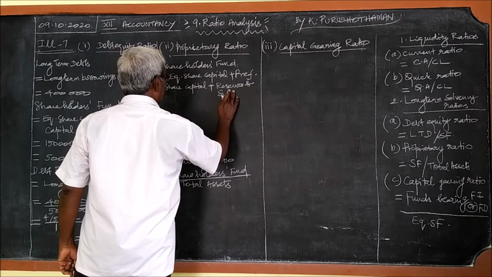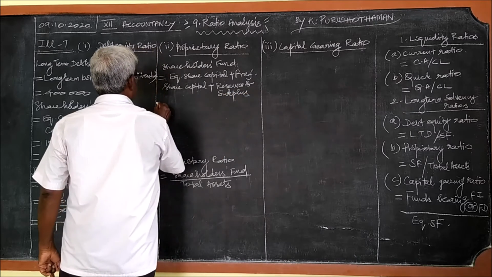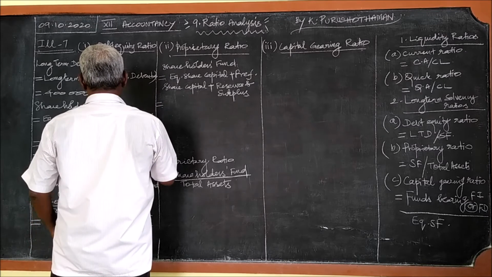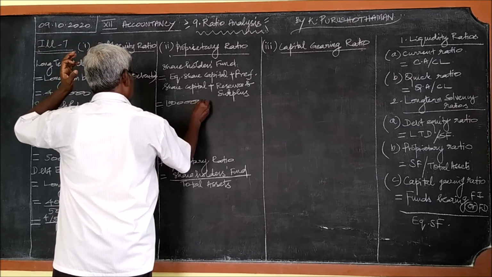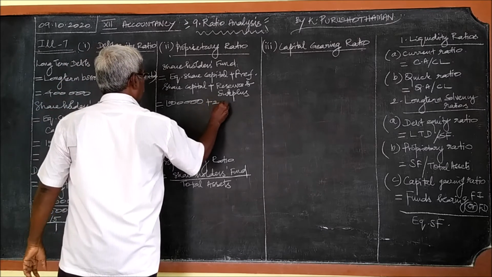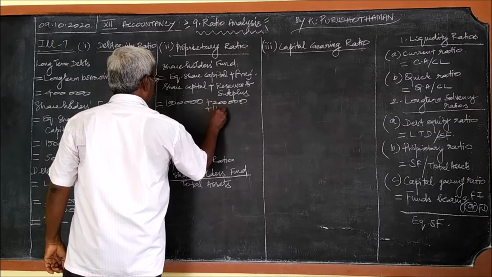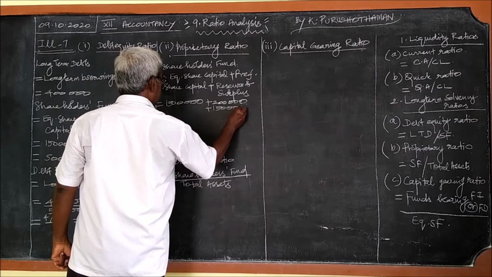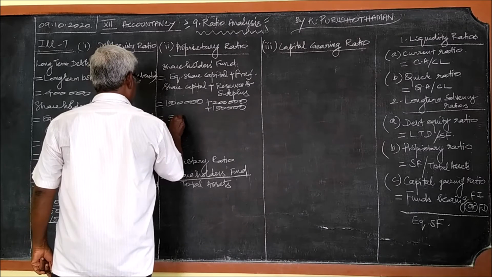Reserves and surplus, which is equal to the same amount, 1,50,000 plus 2 lakhs plus 1,50,000 for these 3 items, which comes to a total of 5 lakhs.